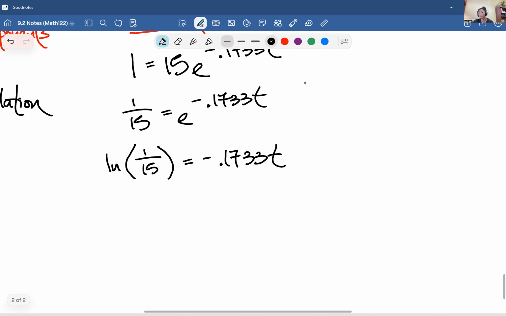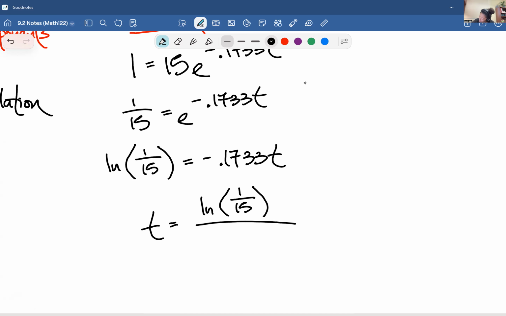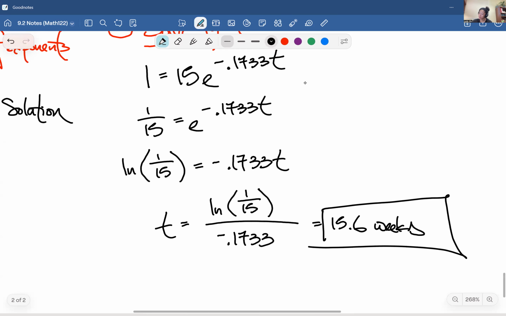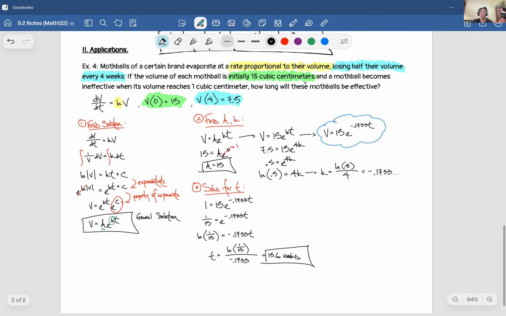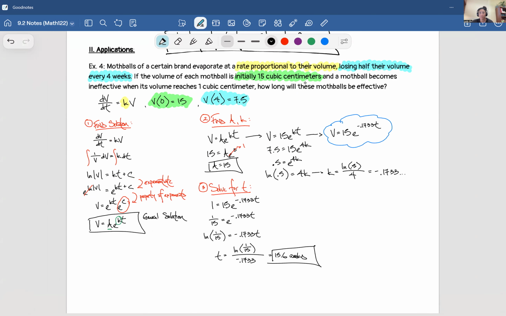Now I'm going to divide both sides by negative 0.1733, and I'll get t equals natural log of 1 over 15 divided by negative 0.1733. When I type that all out in the calculator, I get about 15.6 weeks. In other words, these mothballs are good for almost 16 weeks, almost like a full semester, 15 weeks, and then they're pretty much done and we have to replace them.